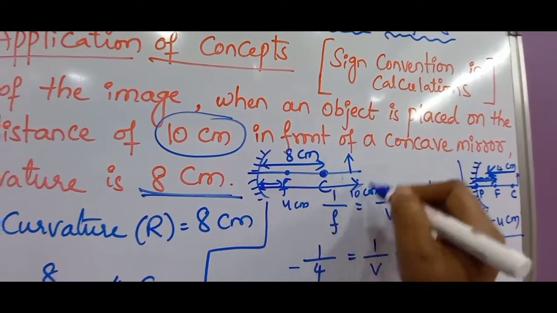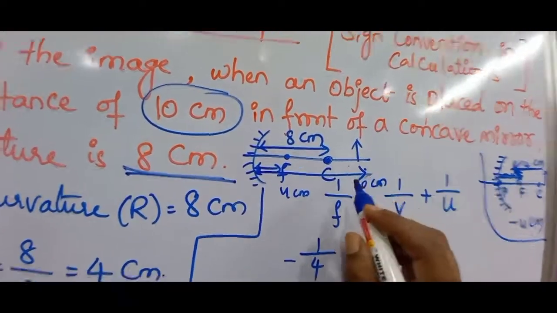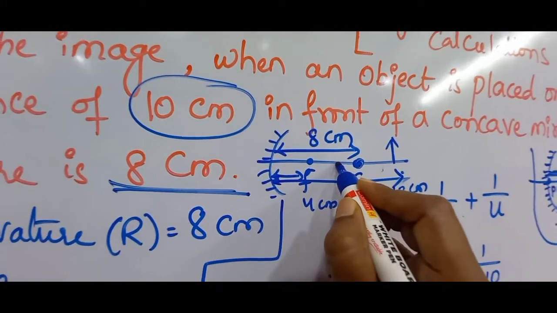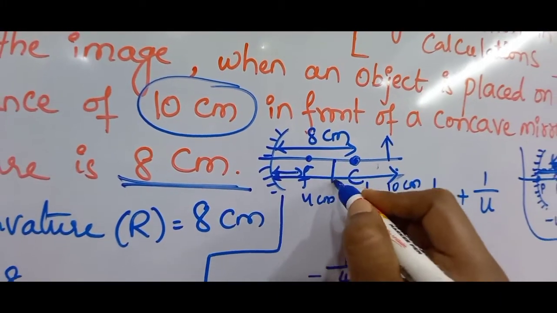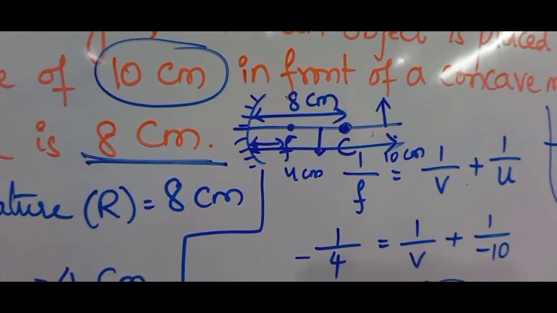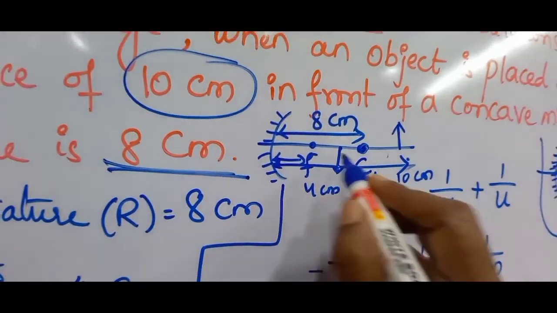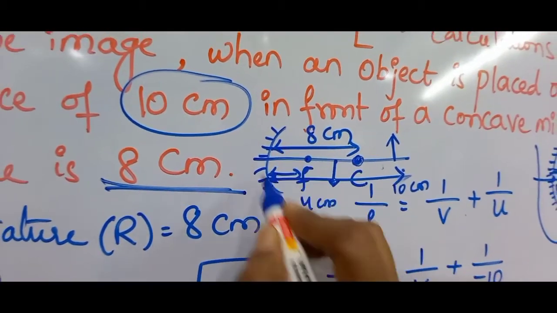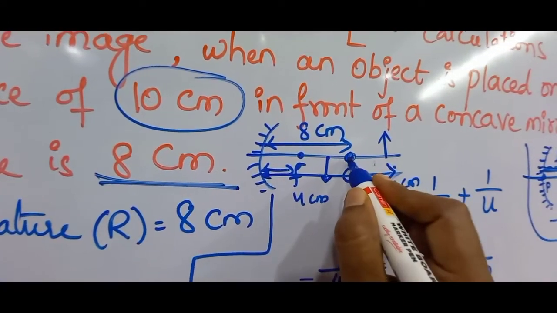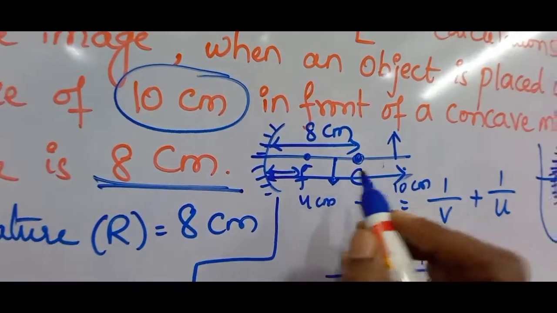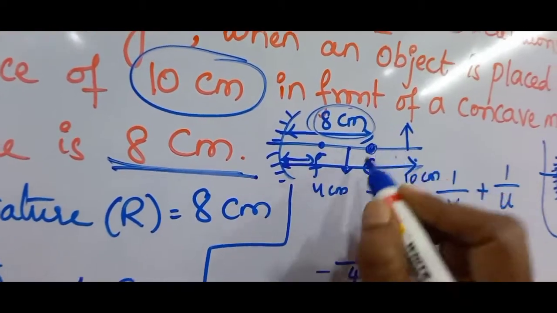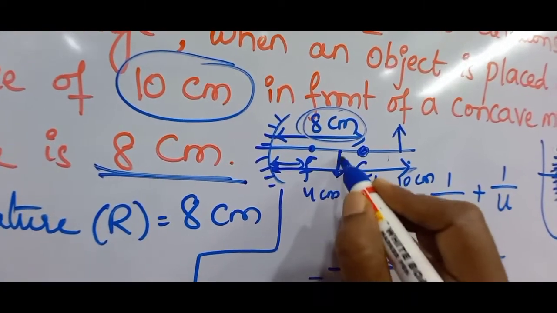So when the object is placed beyond the center of curvature, according to the rules the image should be formed in between the center of curvature and the focal point. Somewhere here the image will be formed. A real and inverted image will be formed. Here to here the distance is 8 centimeters, so it is formed somewhat closer to the concave mirror. Based on this, we guessed that the image distance will be less than 8 centimeters, because up to here is 8 centimeters but we are getting the image here.